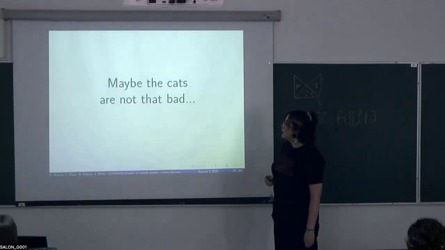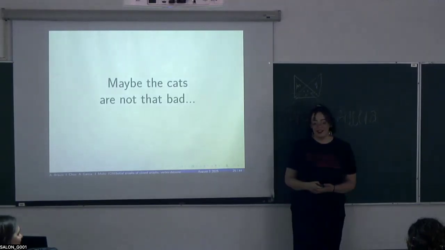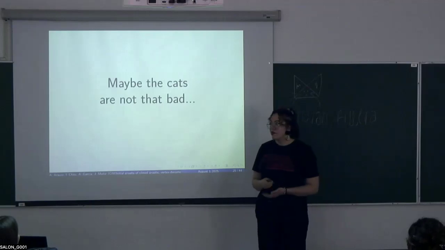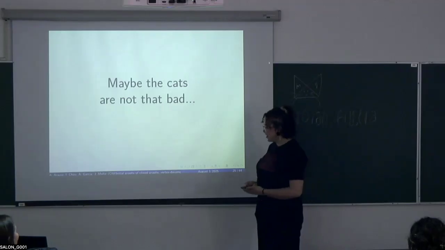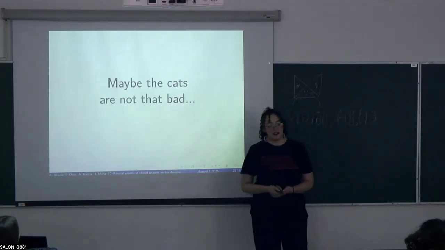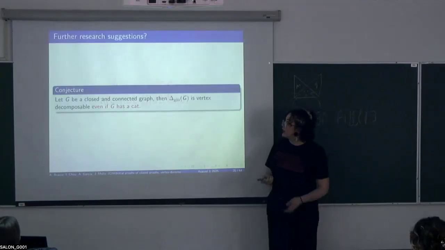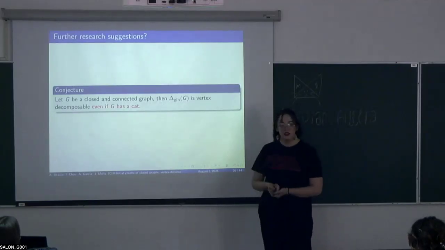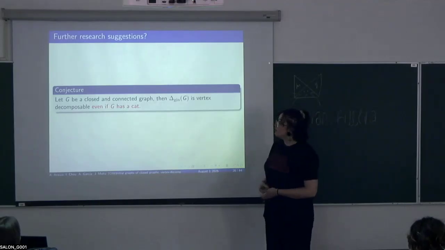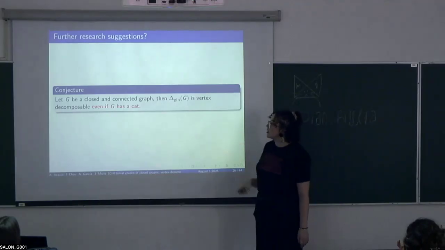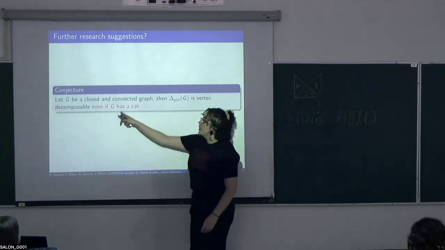But maybe the cats are not that bad. Well, we worked with only cat-free graphs, but maybe the cats deserve another opportunity, right? So we ran a lot of examples in Macaulay2, and we have this conjecture for future research that for every closed and connected graph, the delta gin is vertex decomposable, even if G has a cat.